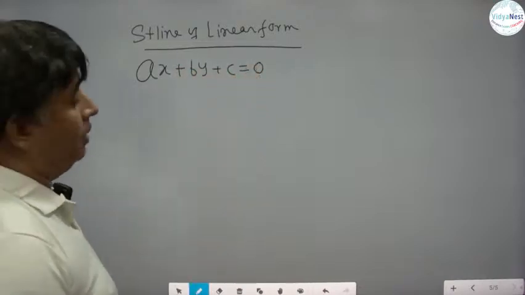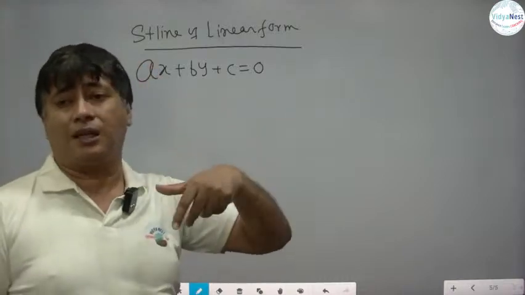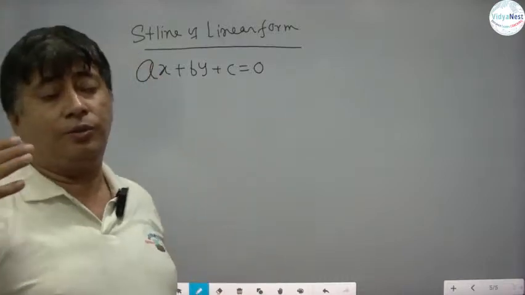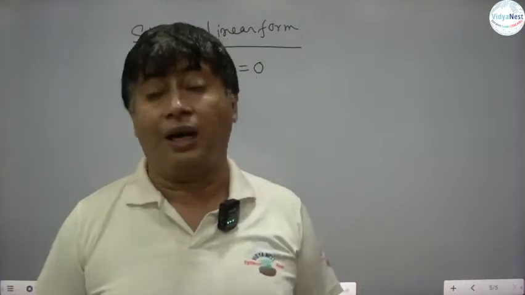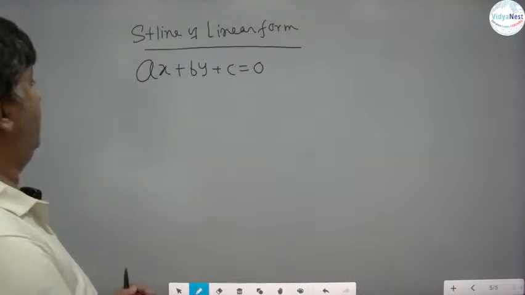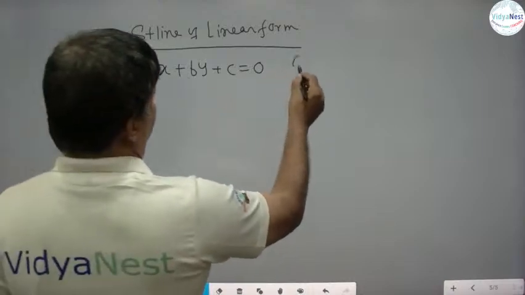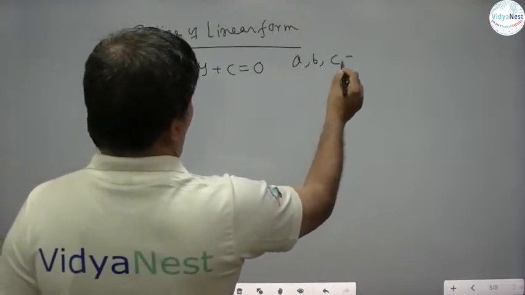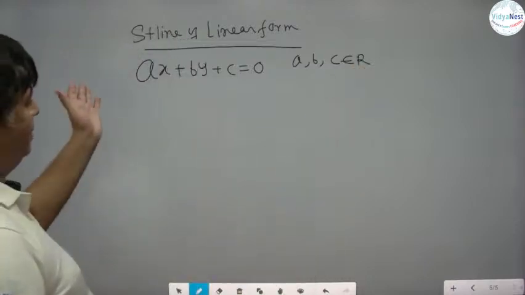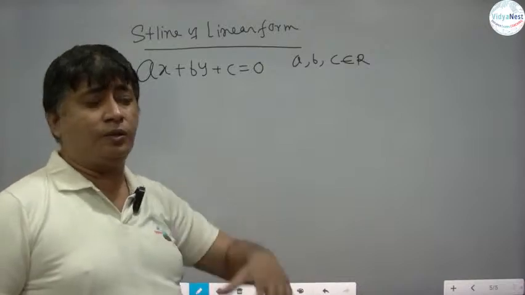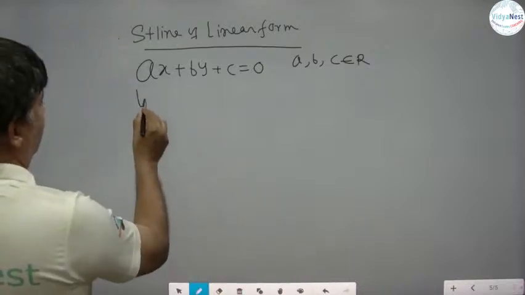That is linear form. You are quite familiar with this term because in junior class you are told to draw the graph of linear equation. Here a, b, c belong to real numbers. Now, can this linear form be transformed into slope form? Let's see.